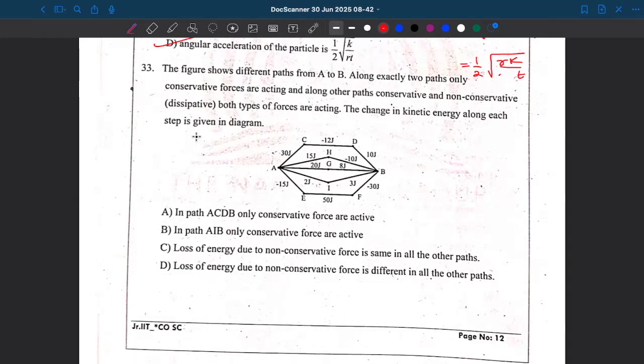If it is a conservative force in the path A, C, D, B, only conservative forces are active. What I am going to do is A to C, C to D. The change in kinetic energy along each step is given in the diagram.